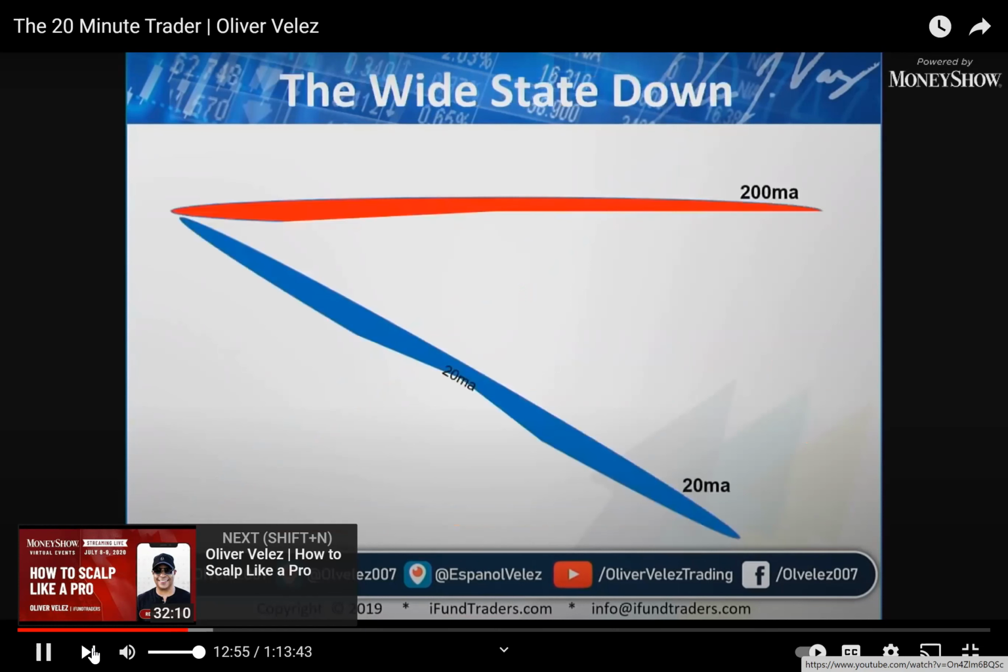Now, if you have the wide state to the downside, the 20 has declined away from the 200. You're looking from that wide state, what should your stock be ready to do now? To back up, to go back to narrow.